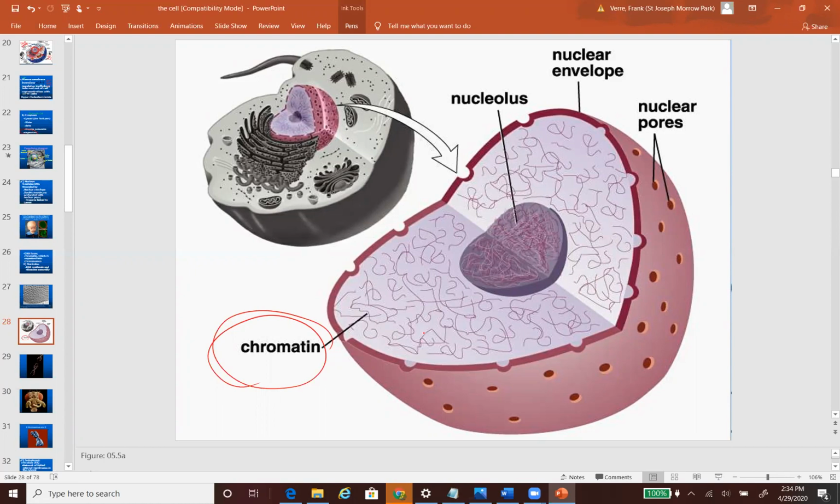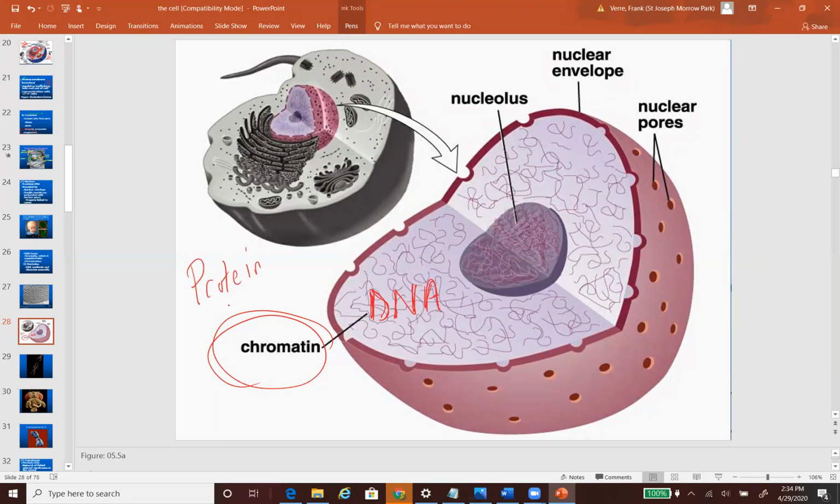And the reason for that, and you'll learn more about this in grade 11 and grade 12 biology, is the cell needs access to the DNA. So if you think of the DNA as like the software, this is software typically on how to build some sort of a protein.